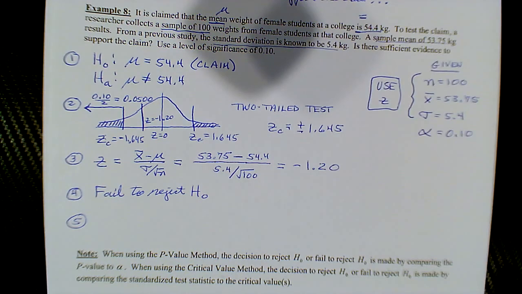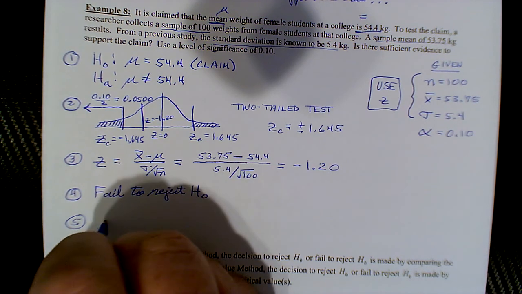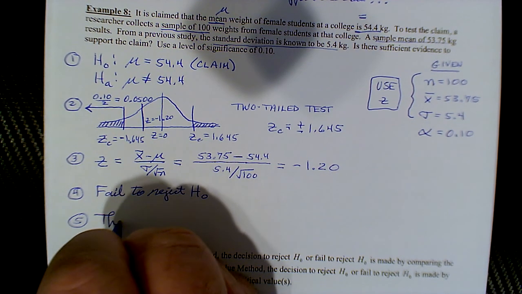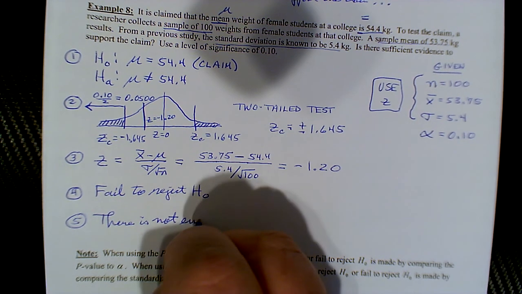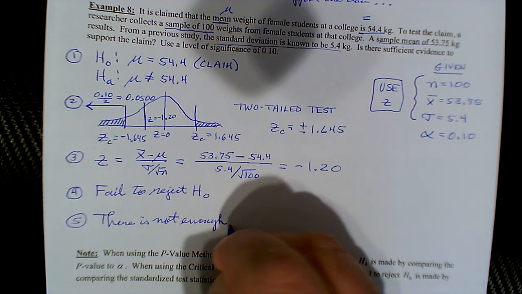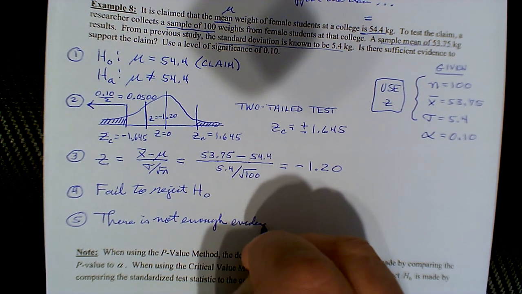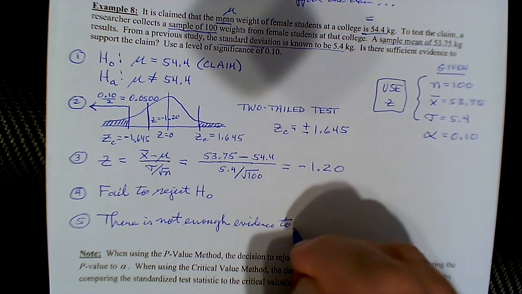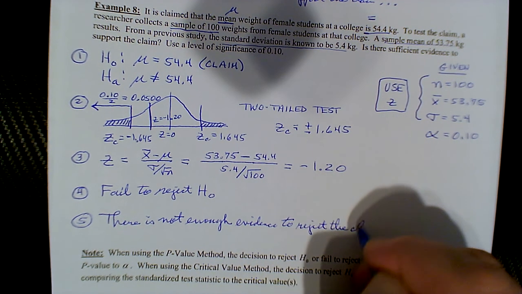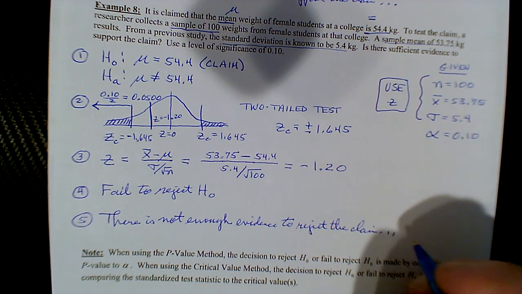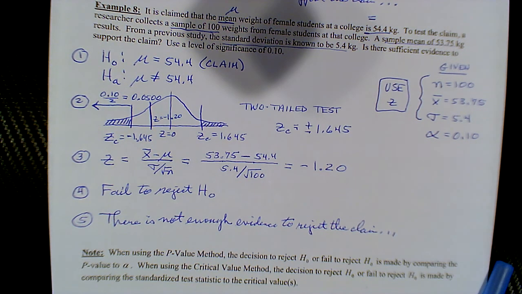I'll just remind you of that little chart. I think we've done it enough, but again, it's on the little cheat sheet for the final exam. Claim is H0. We're failing to reject it. Not enough evidence to reject the claim. So that's, of course, what we wrote intuitively.